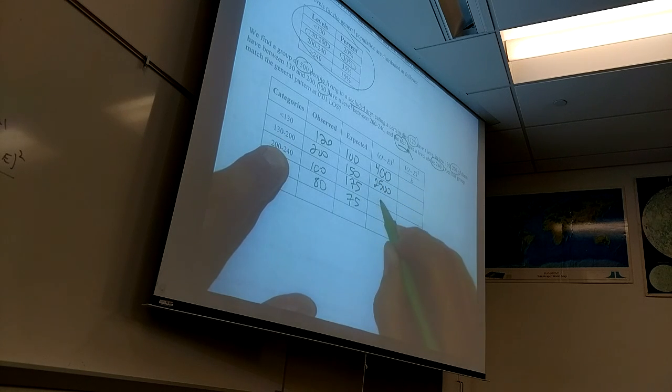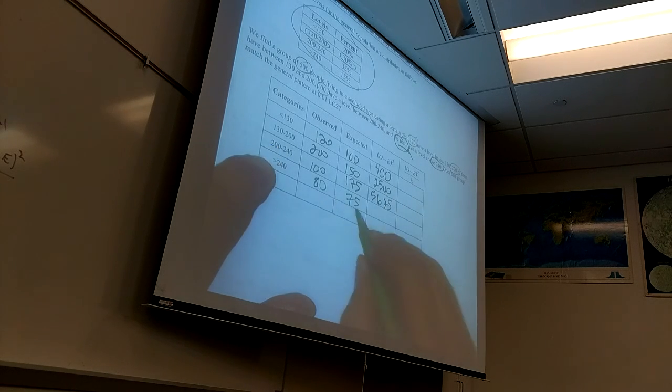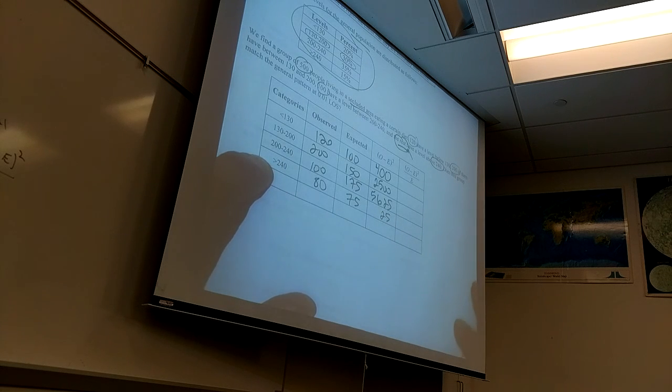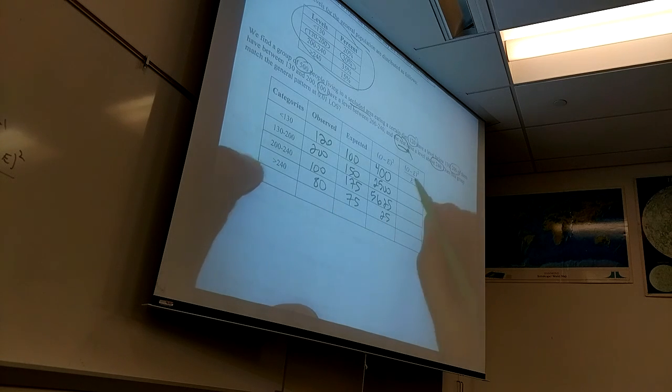There's 75 different, squared is 5,625, and then 5 different, squared. There's 5 difference here, right? Yeah. 25. How are we doing so far?